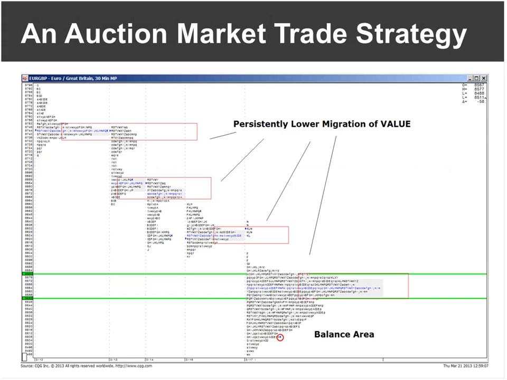Now, when I'm looking at a market or at ideas to trade, I'm always favoring the side of the migration of value. If value is moving lower, I call these high volume nodes. What I do with my profile, I don't use the value area. I don't use an initial balance area. I have defined the high volume node as 30% of the activity, and the value area is 70%.